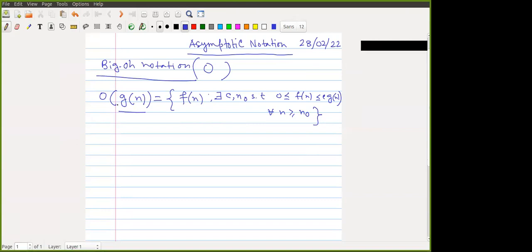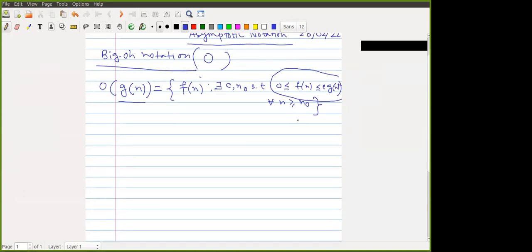By big O of g(n), I mean a set of all functions f(n) such that f(n) is at most c times g(n) for some c and for all n which is at least n naught.